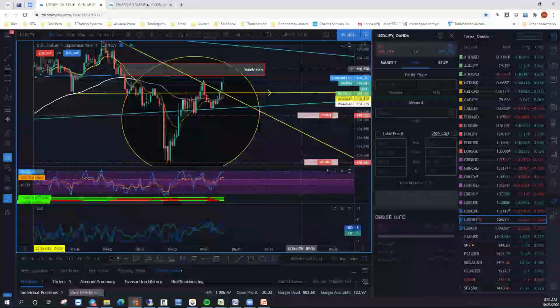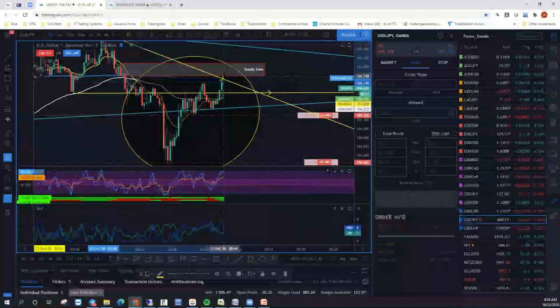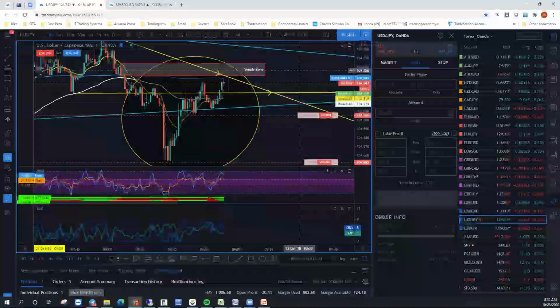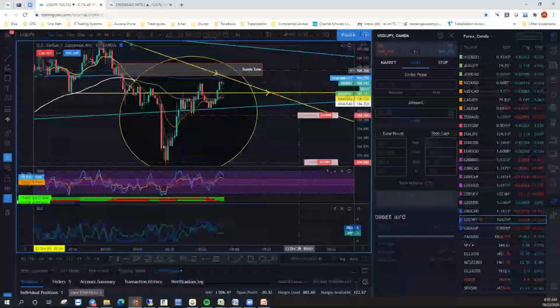It's still respecting the 62. They respected off of this candle where the arrow is, and it's respecting it right now. It's right at the 62 right here. All right. Well, the 30-minute 62 is like glue. Whatever happens on the 30-minute 62, that'll be the deciding factor for me.